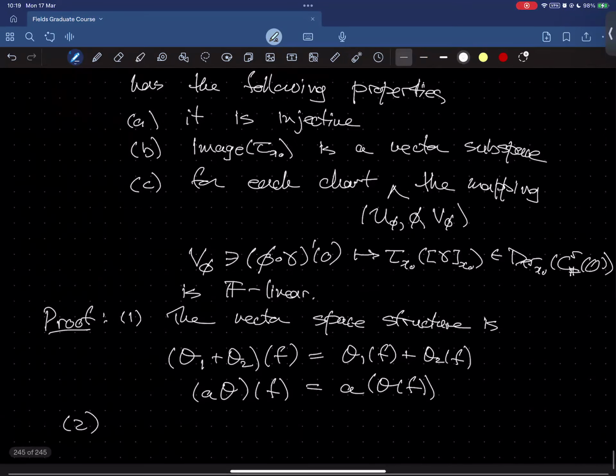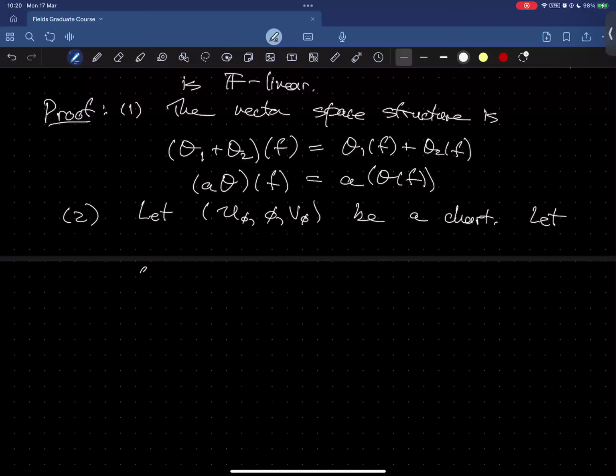I'm talking about two kinds of things in this construction: one is functions, and the other is the curve. So let f phi, from phi of U to F, be the local representative of the function, and also gamma phi be the local representative of the curve.